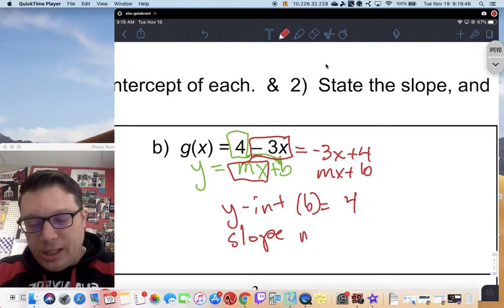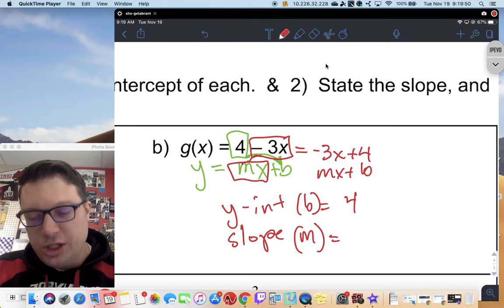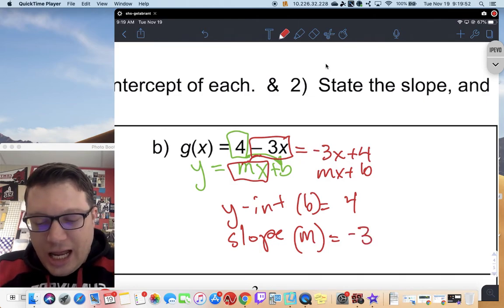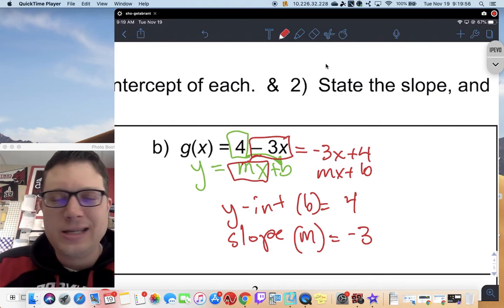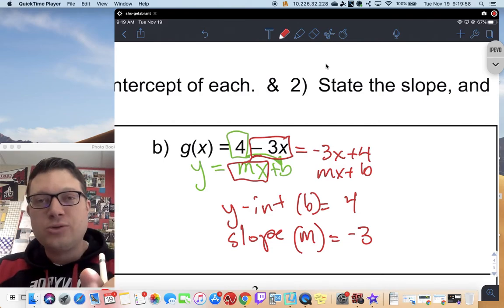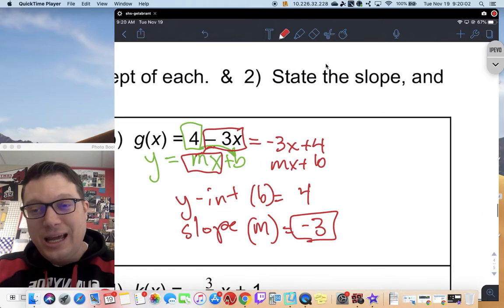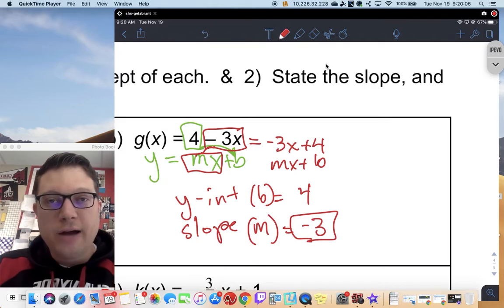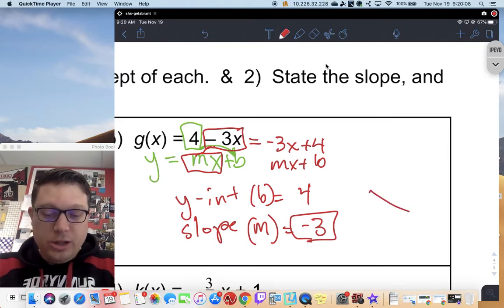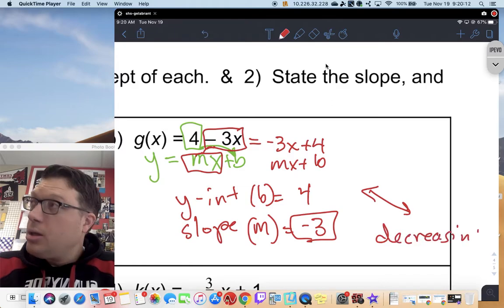The slope is just the number in front of x. It's just the value that it's changing x by, and in this case, it's -3. The minus and the 3 both have to be there. Do not say -3x, stop, that's wrong. -3 and only -3 is the slope. It's negative, which means the line is going to be doing this as you graph it. So this line looks something like that. It's a decreasing line. All right.